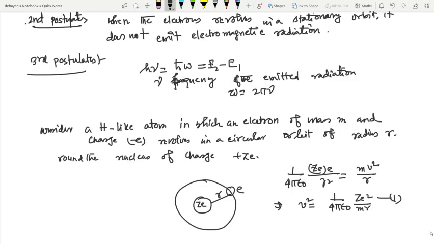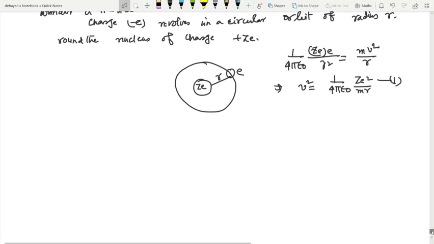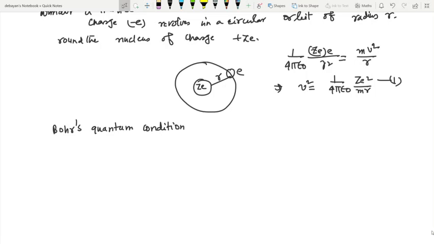We got the value of v square. Now from the first law, we take Bohr's quantum condition. The angular momentum is mvr equals n h bar, that is equation number 2.